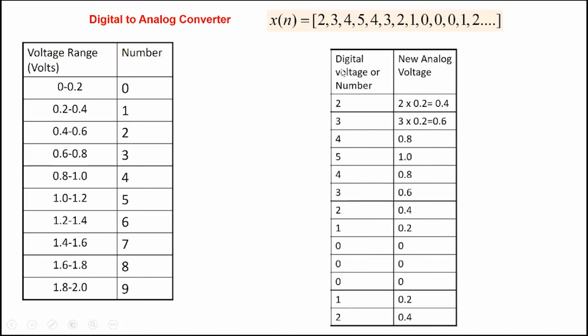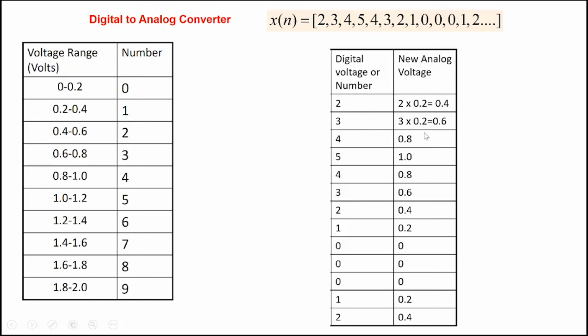When we get a number like this 2, remember our scale was a 2-volt scale, and we divided it into 10 parts, so each interval was about 0.2 volt, because 2 volt divided by 10 gives 0.2 volt. To convert it back into an analog voltage, when you get a 2 you multiply by 0.2 and get 0.4.